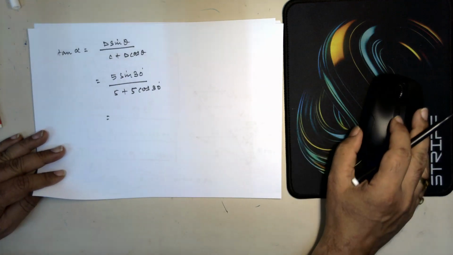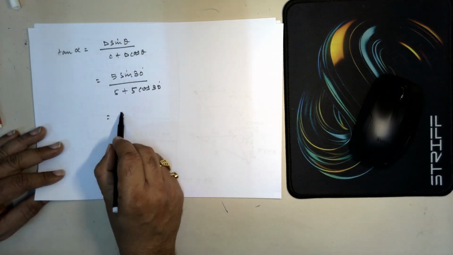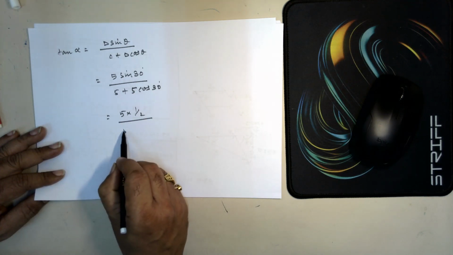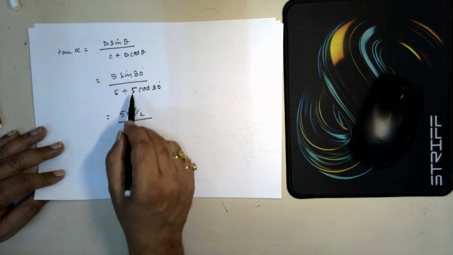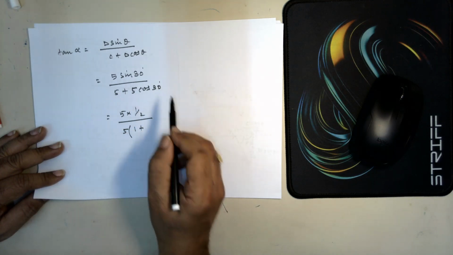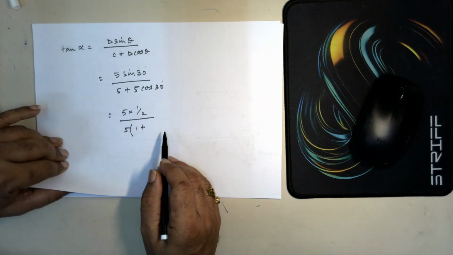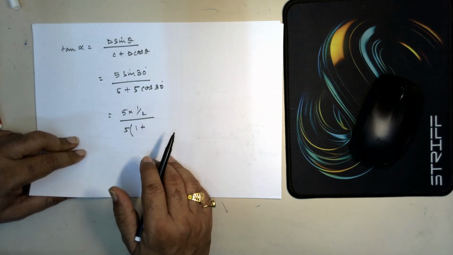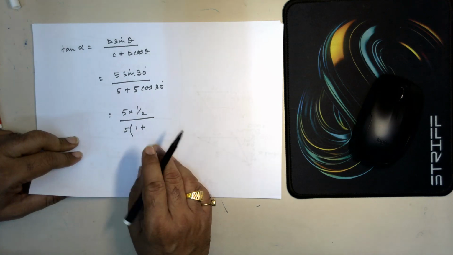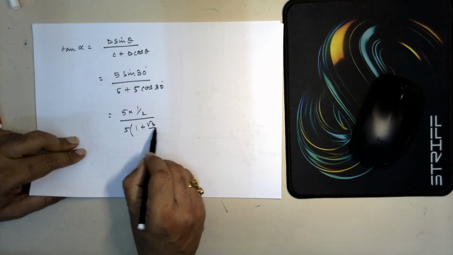So that is equal to, now what is sine 30? 1 by 2. And then you can take 5 outside the bracket, so you can put 1 plus. And what about this cos 30? Root 3 by 2.